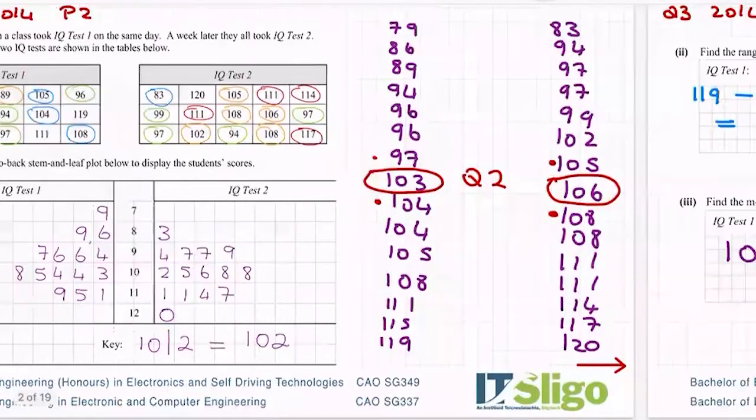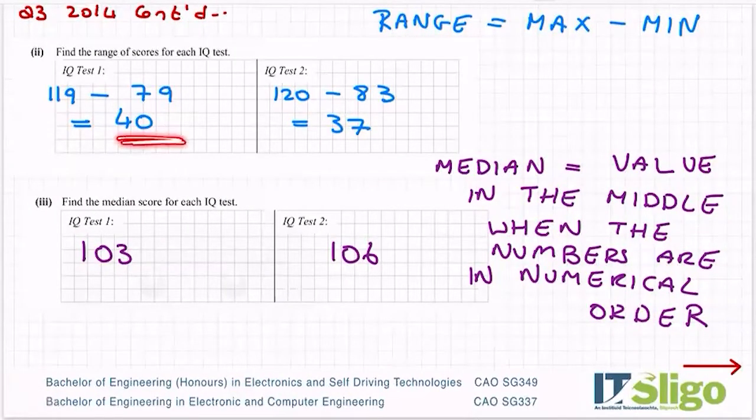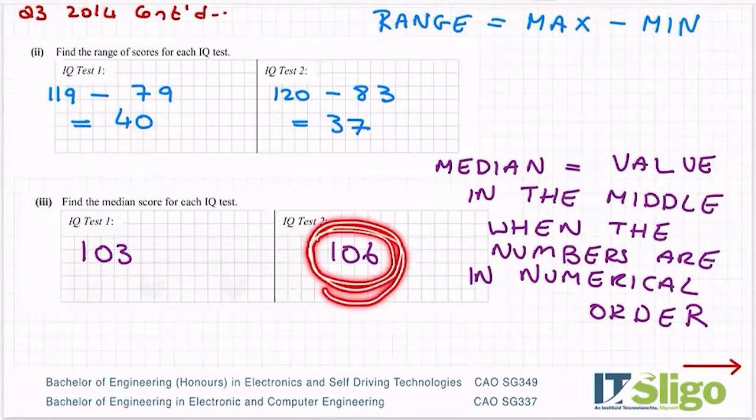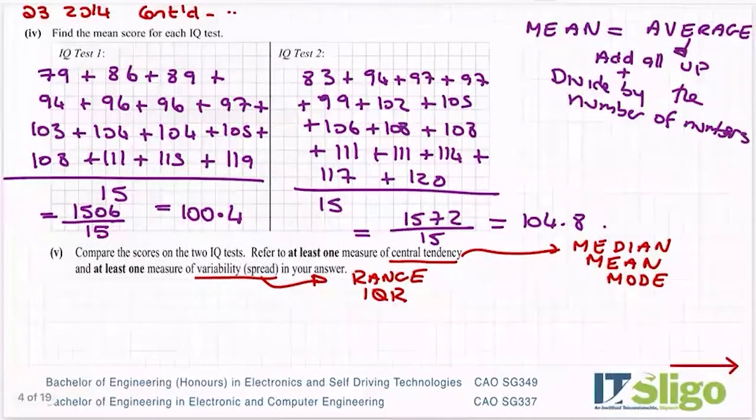Then let's have a look at some of the measures we took. The range for IQ 1 is a bit bigger than the range for IQ 2. When we look at the medians, the value in the middle, this one's a bit higher. So that means people are scoring higher on IQ test 2. And if we look at the mean, that's also a bit higher.